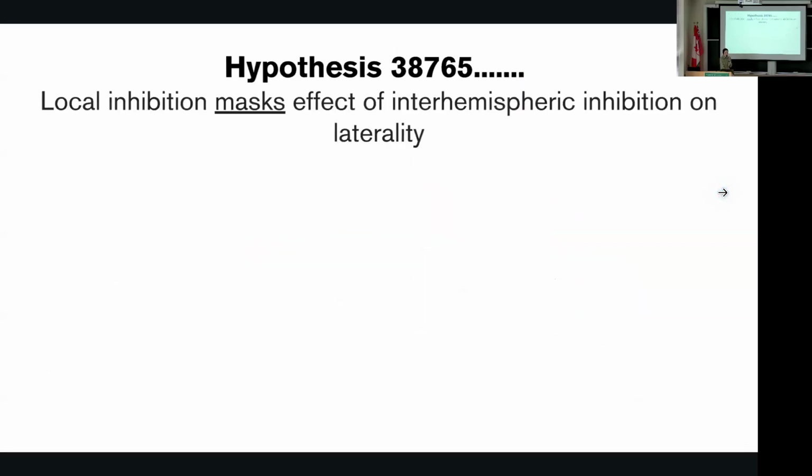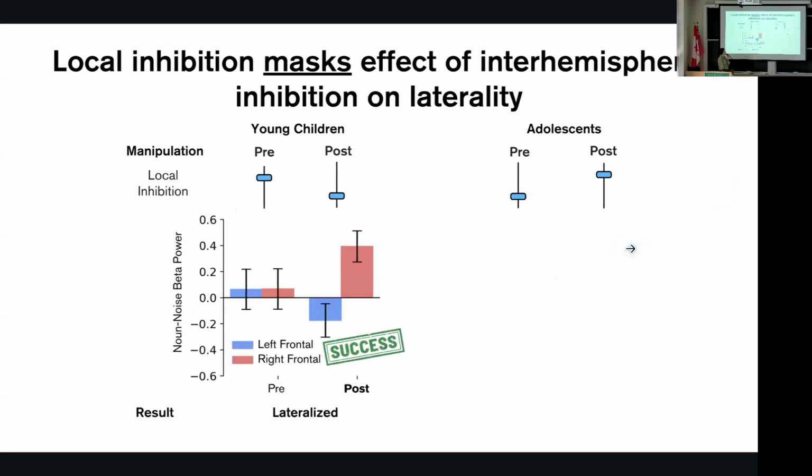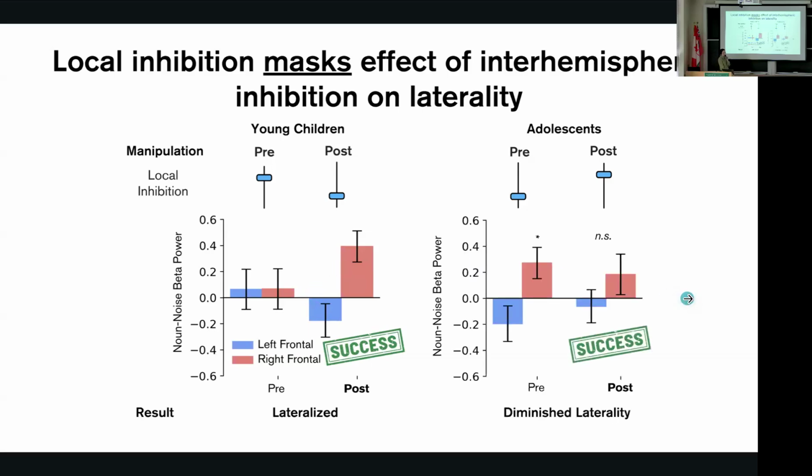Another hypothesis is what I just stated. To test this, we take the young children and reduce their local inhibition, and in the adolescents we increase their local inhibition, and see the effects of just that on laterality. And we see in young children, that was sufficient to induce lateralization, and in the adolescents, that was sufficient to diminish it.